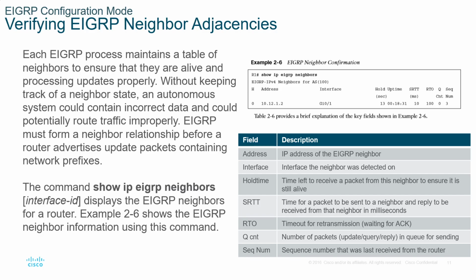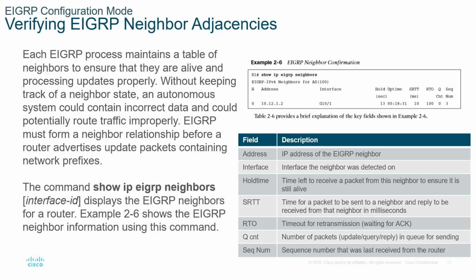SRTT is our messages sent to the neighbour and reply. Our RTO, timeout for retransmission. Okay, so in other words, it's waiting for an acknowledgement. Queue count is how many packets are waiting in queue for sending.